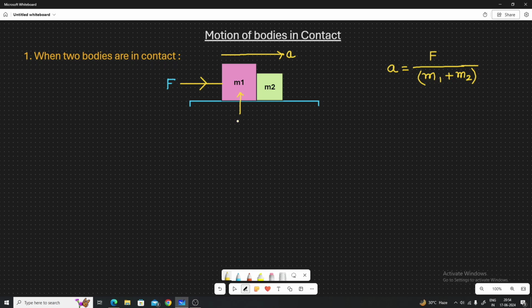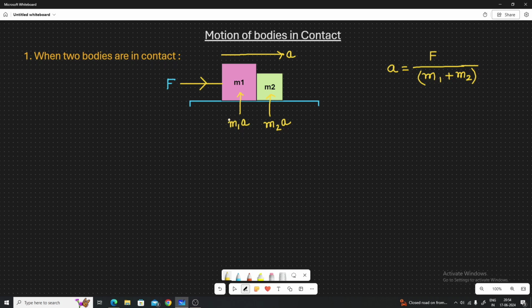The resultant force on m1 is m1 into a, and the force on m2 is m2 into a. So these are the individual forces applied on the individual bodies m1 and m2.